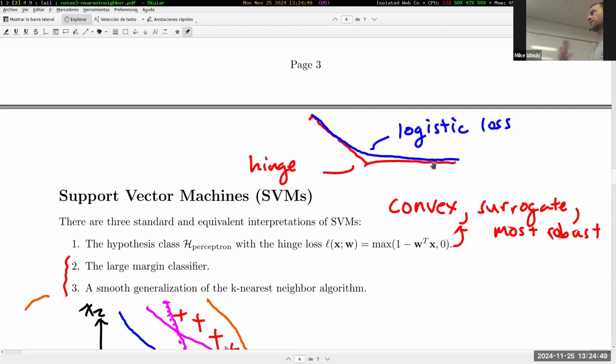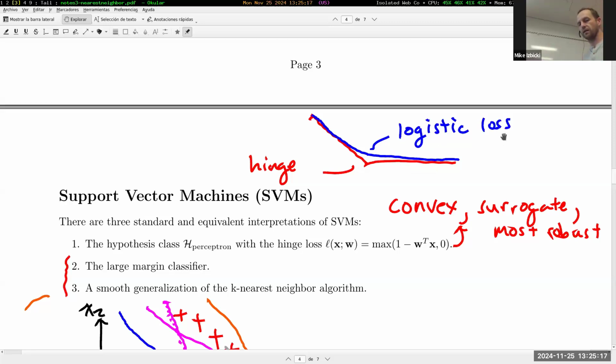So the support vector machine and logistic regression will typically have very similar in-sample errors. And both of these losses are convex and surrogate losses of the 0-1 loss. The advantage of the hinge loss is that it is the most robust possible loss. The advantage of the logistic loss is that it has this extra curvature right here, and the reason that curvature exists is that it gives it a probabilistic interpretation.